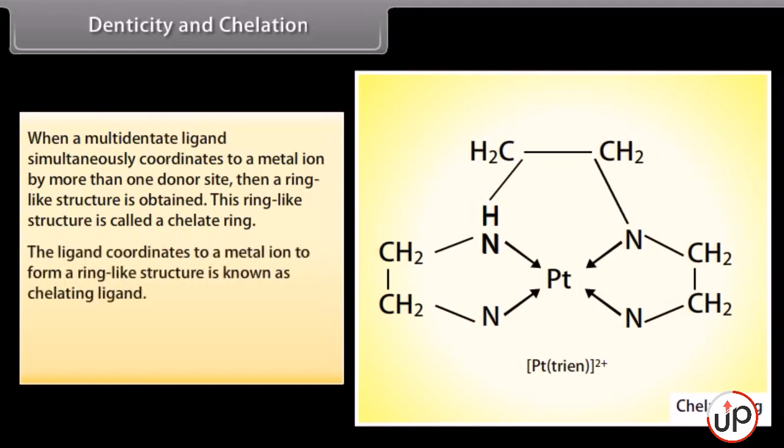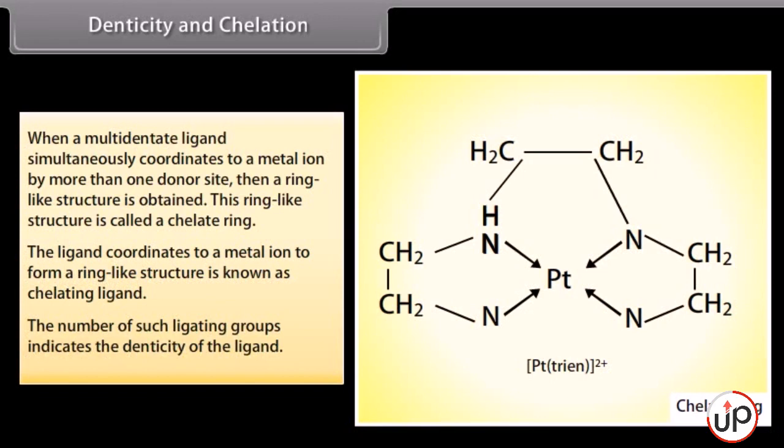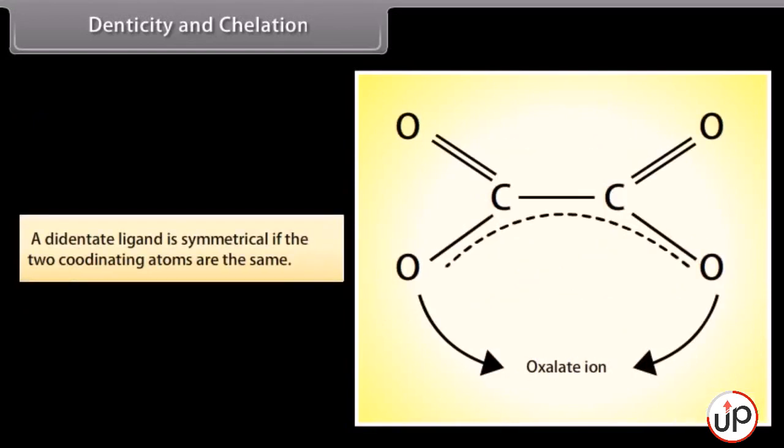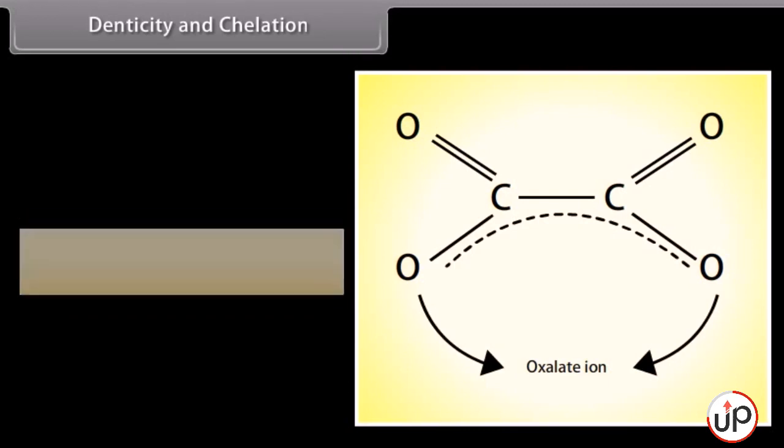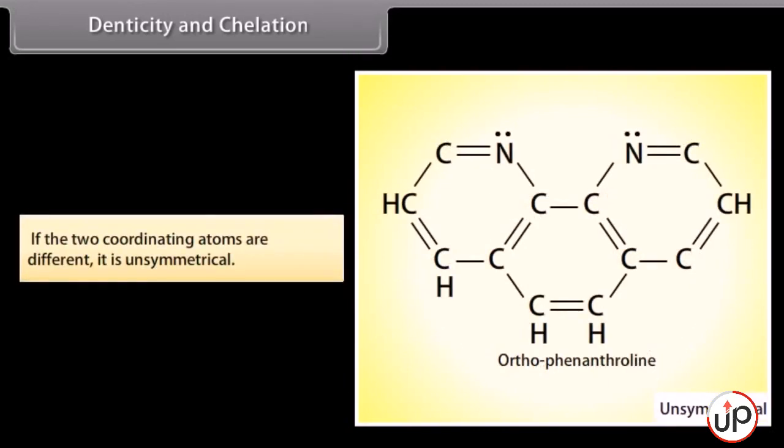The ligand coordinates to a metal ion to form a ring-like structure is known as chelating ligand. The number of such ligating groups indicates the denticity of the ligand. A didentate ligand is symmetrical if the two coordinating atoms are the same. If the two coordinating atoms are different, it is unsymmetrical.